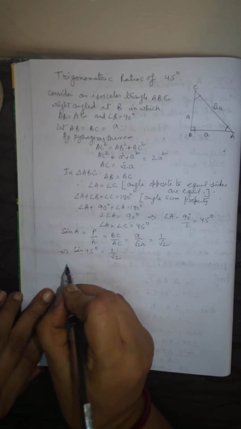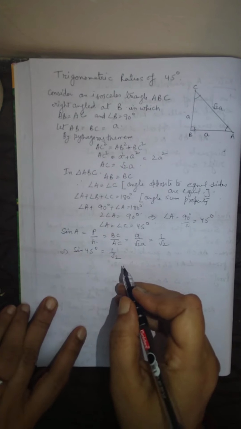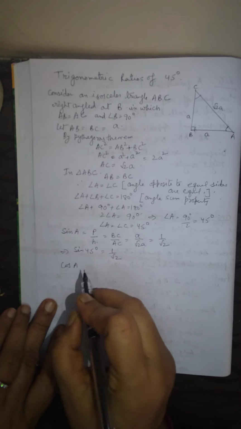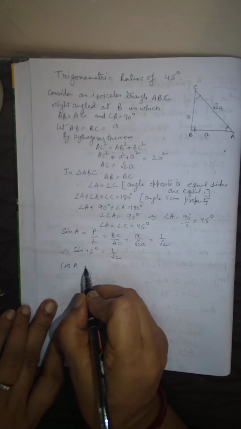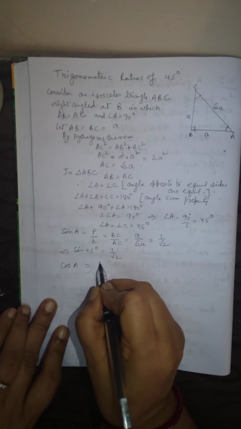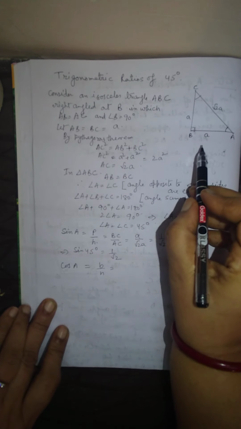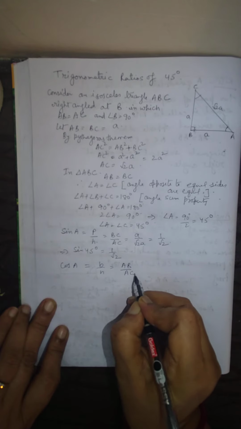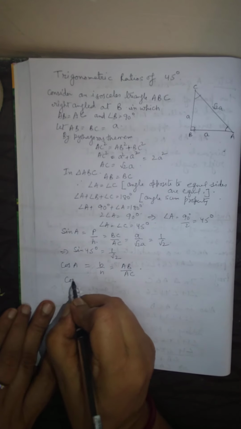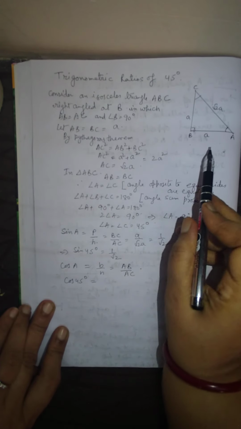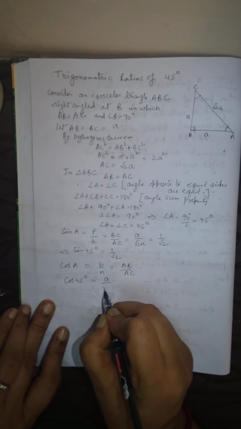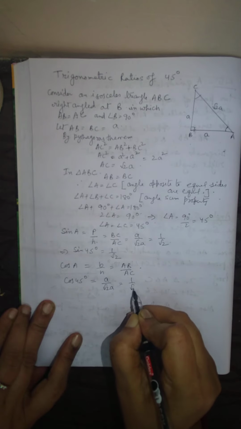Now cos of A means base by hypotenuse. Base is AB, so it is AB by AC, or cos of 45 degree, the base is A, so it is again A by root 2 A, that is equals to 1 by root 2.